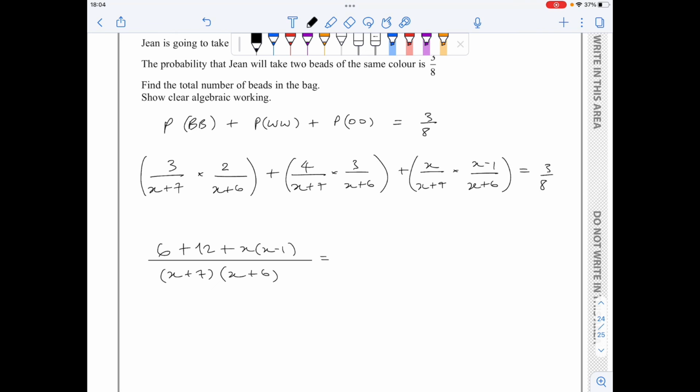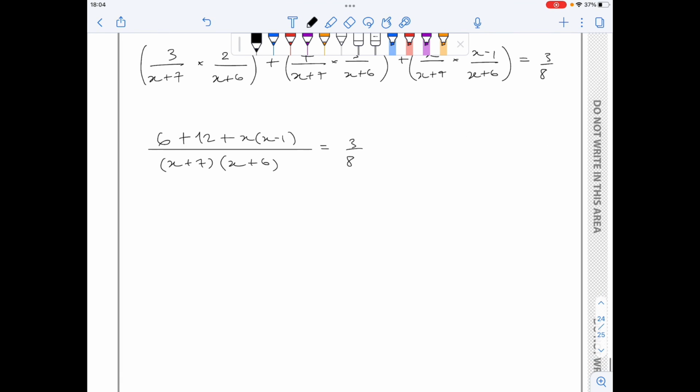Again, this is equal to 3/8. Now I will expand the denominator and simplify the numerator. So I get x squared minus x plus 18 for the numerator over x squared plus 13x plus 42 for the denominator, again equal to 3 over 8.